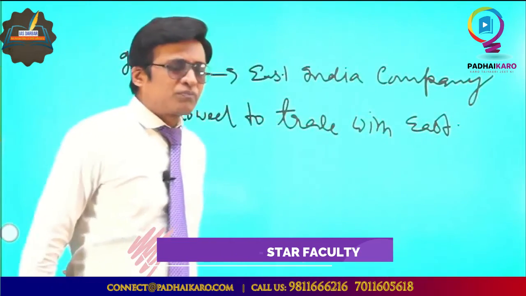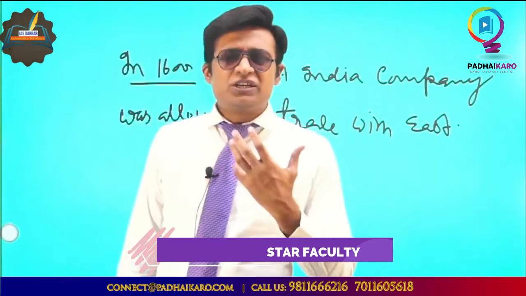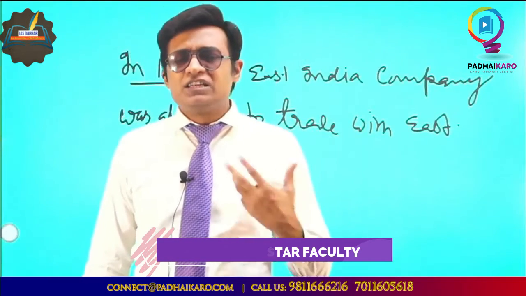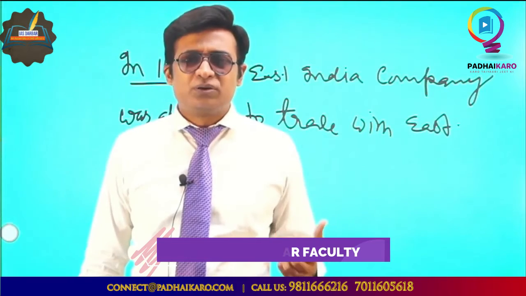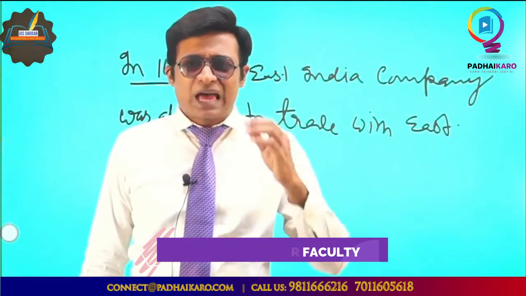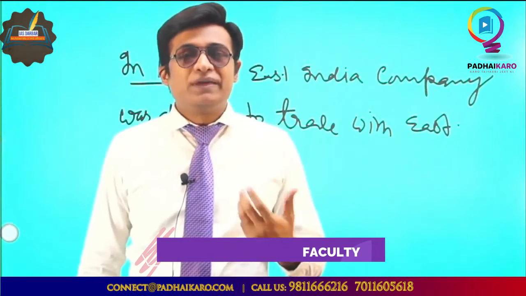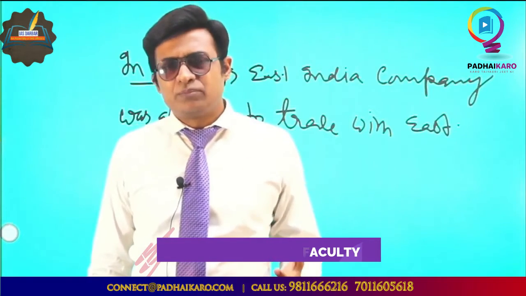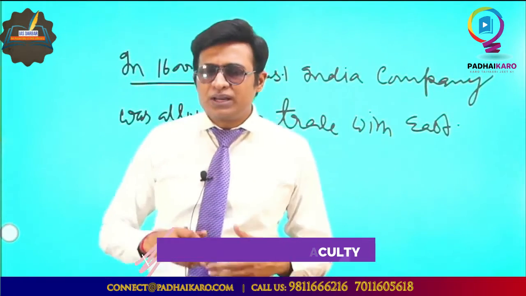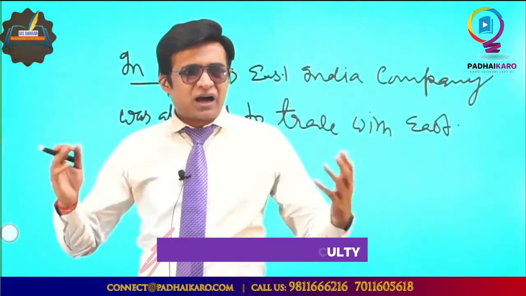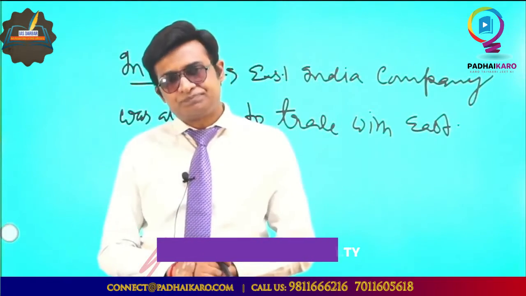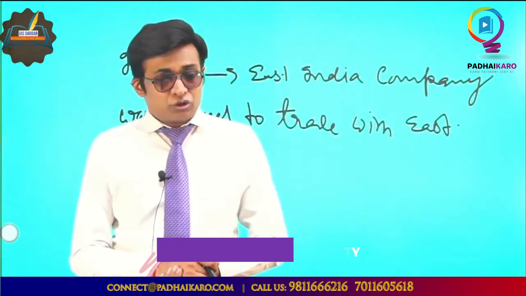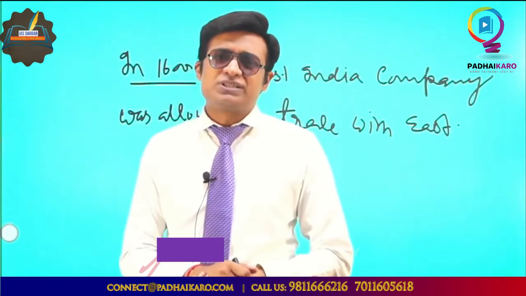Do you know, after 1600, capitalism in Europe was flourishing. What is capitalism? Capitalism means when private property was very important, when a person can hire many laborers and can earn profit and become rich. So early capitalism was seen in England.